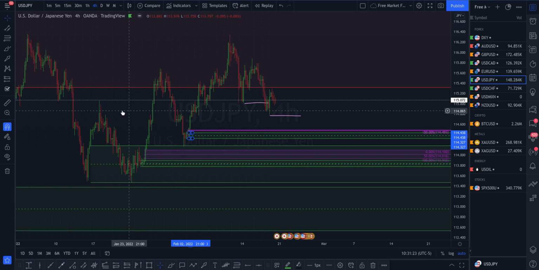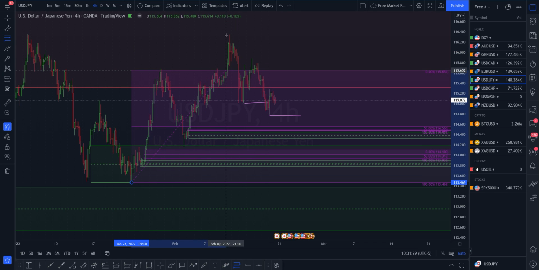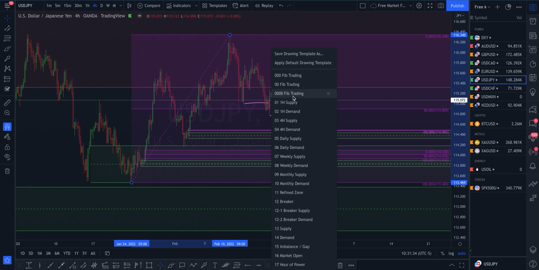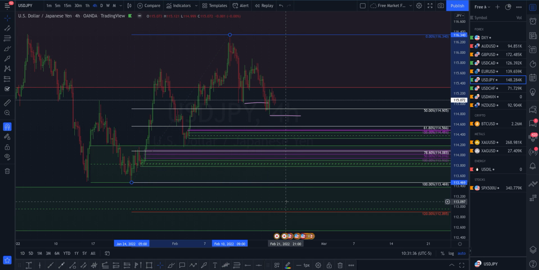Okay. All right, so let's grab our most recent lowest of low to the most recent highs of high. Let's see, 78.6% is sitting inside of imbalance here. This is not a very strong demand area.